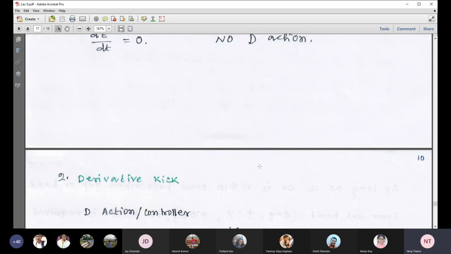We consider a vertical change first, then a horizontal continuous change. My question is, during that vertical change of error signal, what happens to the derivative action? How does it respond? Yes, it will tend to infinity. Correct.